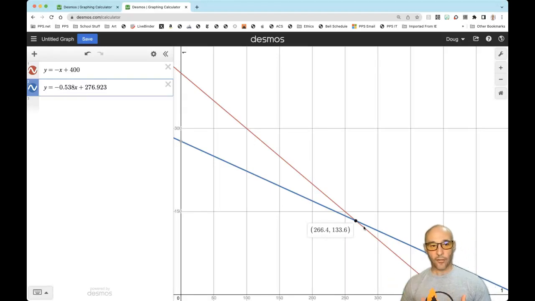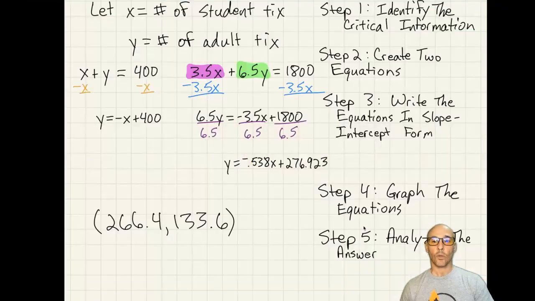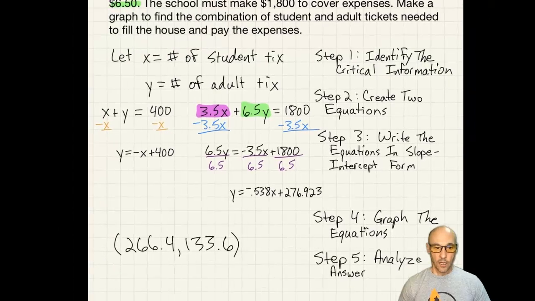So I've graphed the equations. That was step 4. I'm going to write the solution here, and then I will go back to this so that you can all see that. 133.6.